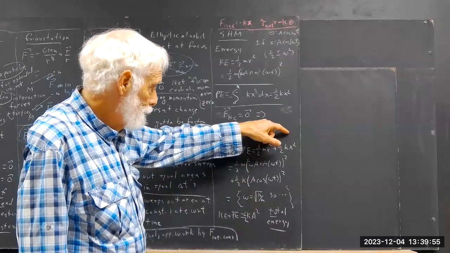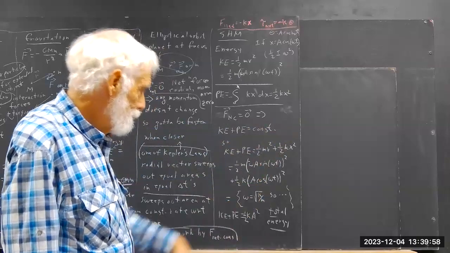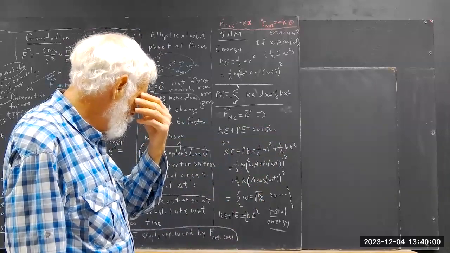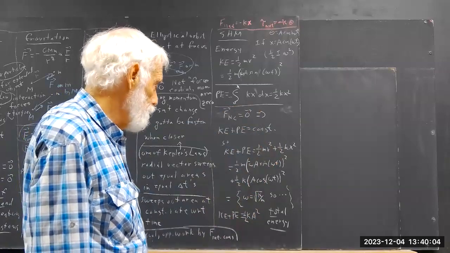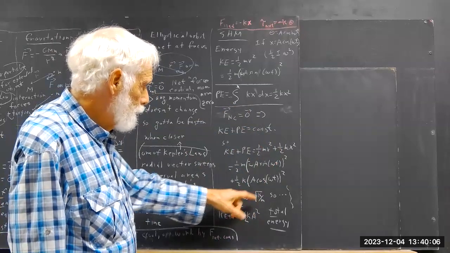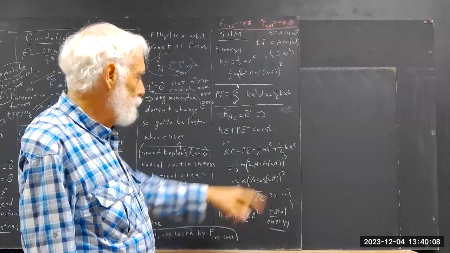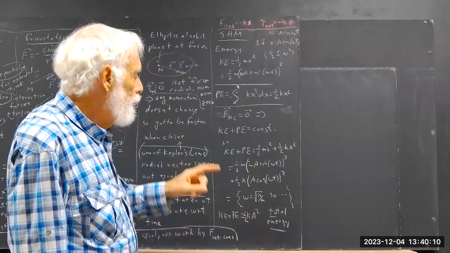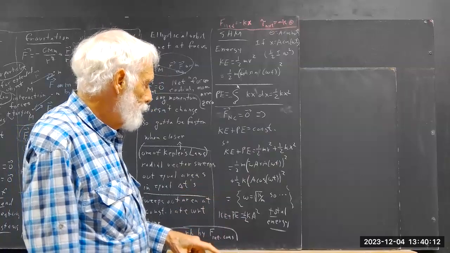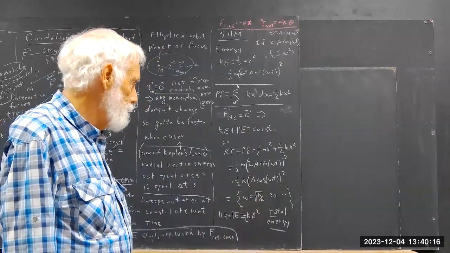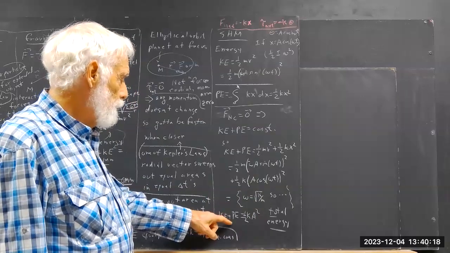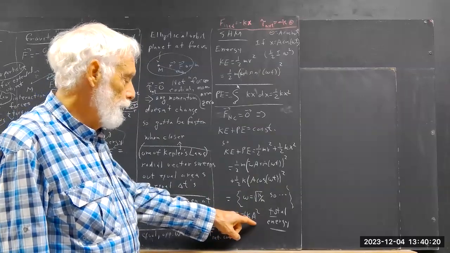When you do all this and finish up the arithmetic, you actually have an A squared sine squared and an A squared cosine squared, which add up to 1, and you get omega. And this is what you get. It follows that if omega is the square root of k over m, your kinetic plus your potential energy is 1/2 kA squared.